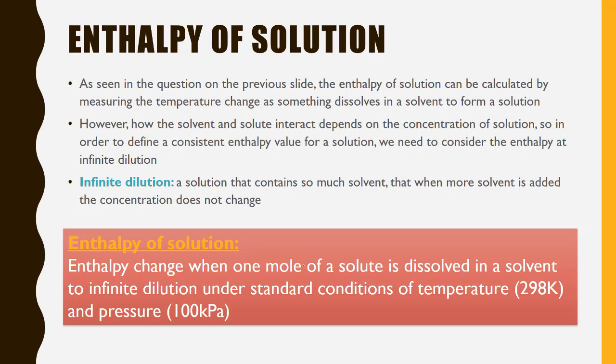Infinite dilution is a solution that contains so much solvent that when more solvent is added, the concentration does not change. Remember that the concentration of the analytes in the solution will change the way they interact or how easily something dissolves, and therefore change the energy of the system. So we're going to assume infinite dilution: there is so much water that it doesn't matter what we add in, the overall concentration wouldn't change.